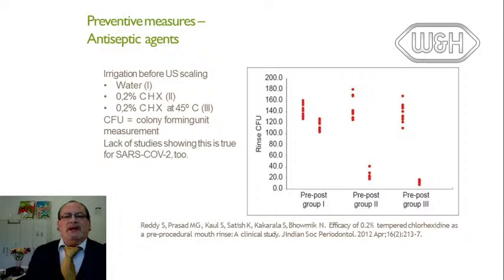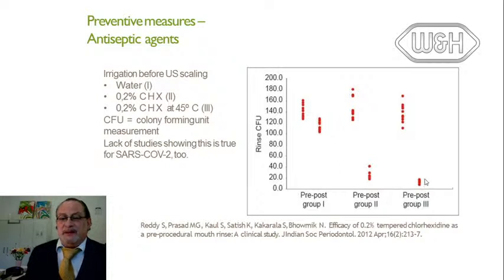How can we make the irrigation more effective? Reddy et al. made this investigation comparing chlorhexidine with water and with chlorhexidine that had been warmed up to 45 degrees. And we can see here, pre-procedural and after the procedure, water rinsing helps a little bit, but is not very effective.